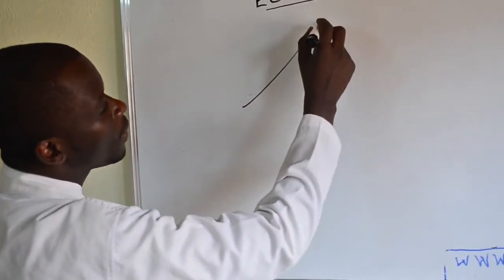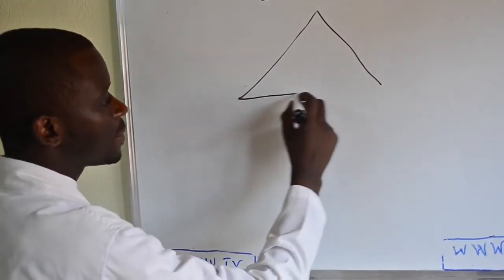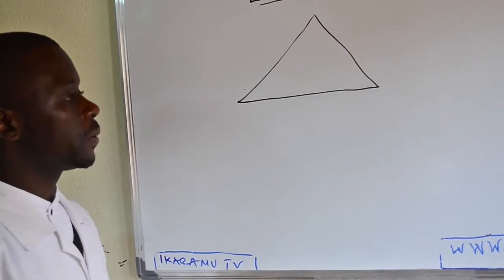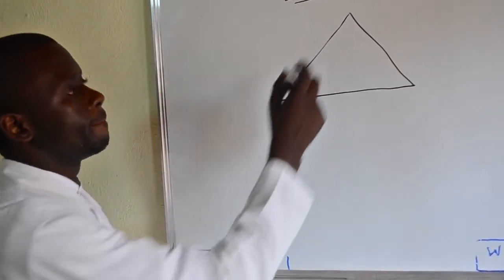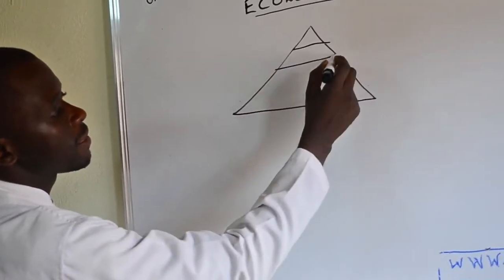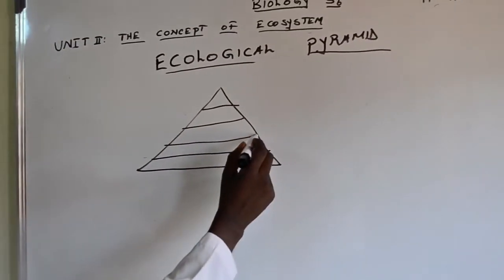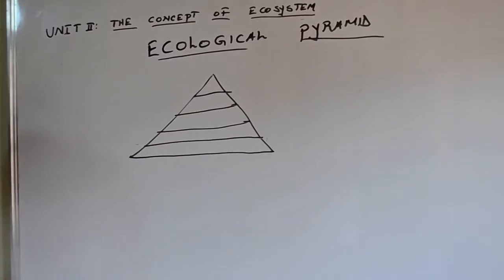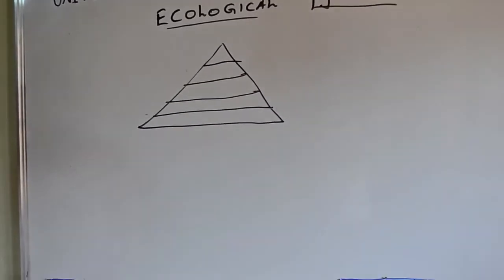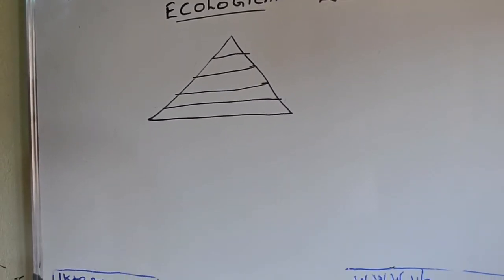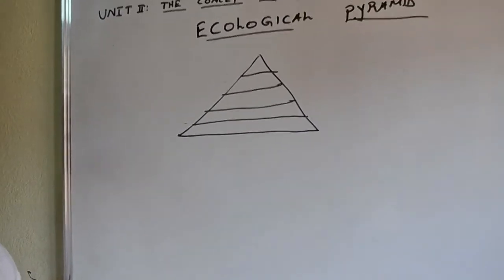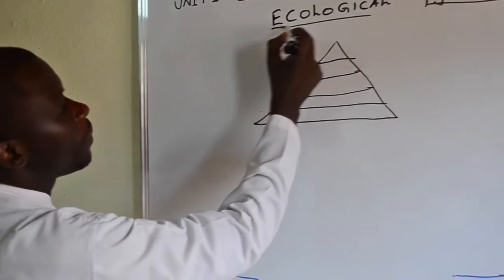For example, it's in the form of a triangle, like this. This is a pyramid. It shows how things follow each other. But now we are moving to the ecological pyramid.